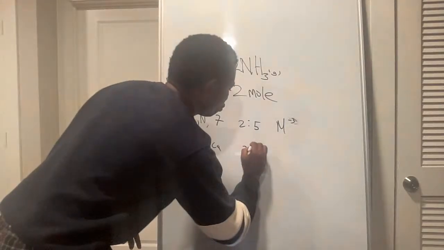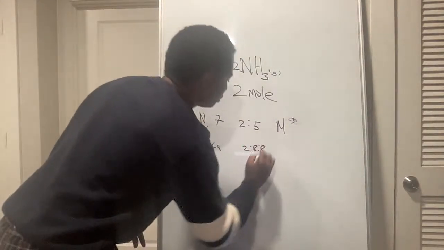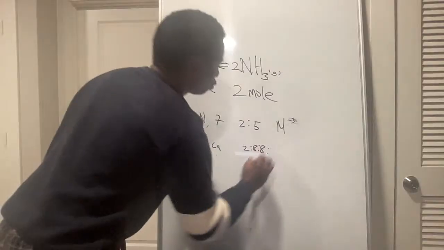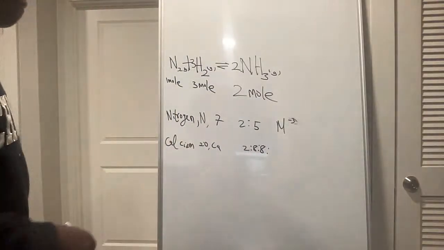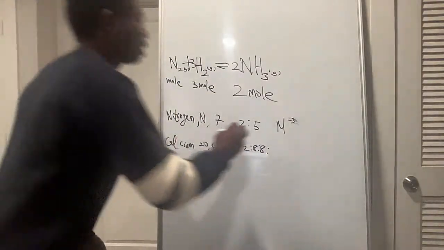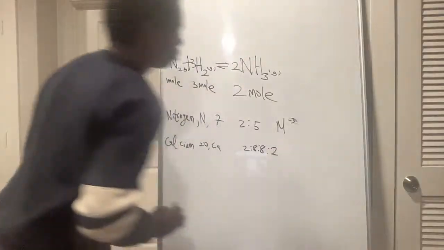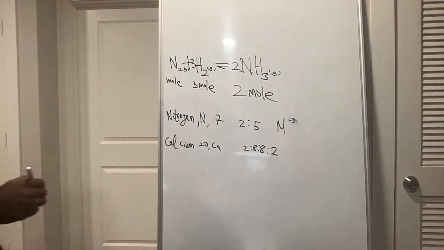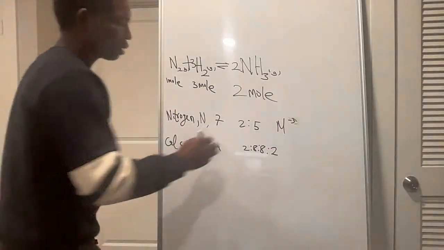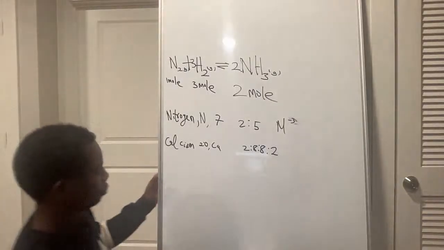So we have 2.8.8, then 16, 17, 18, 19. So we have 2 electrons in the outer shell of calcium. So basically calcium would like to give away these 2 electrons.